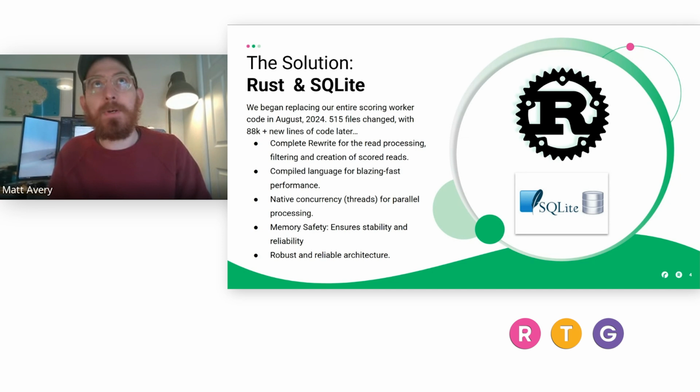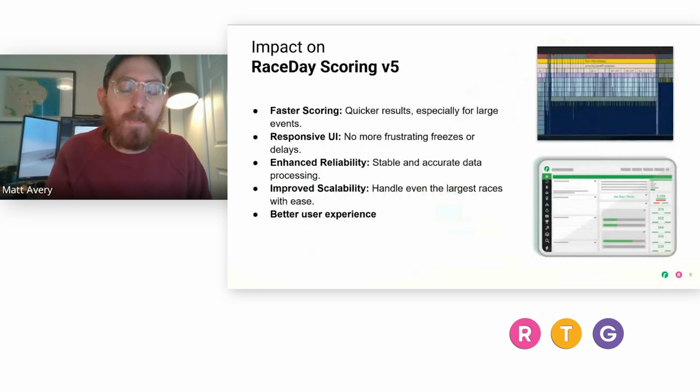Additionally, Rust is built with memory safety in mind foremost. So it ensures stability and reliability going forward for the development that we do, and also reduces chances for bugs to happen because of bad state in the database. It's just a robust and reliable architecture. A lot of applications are using Rust these days.